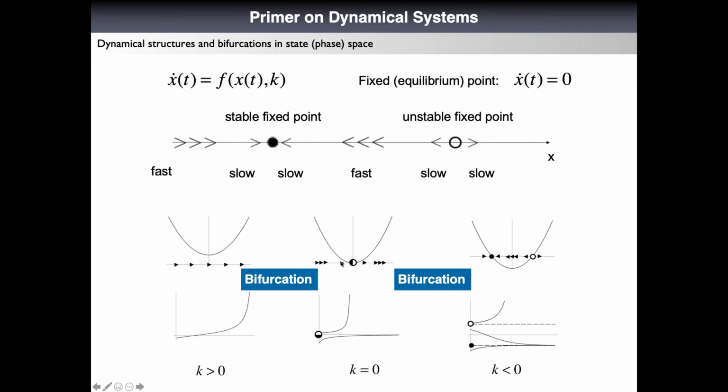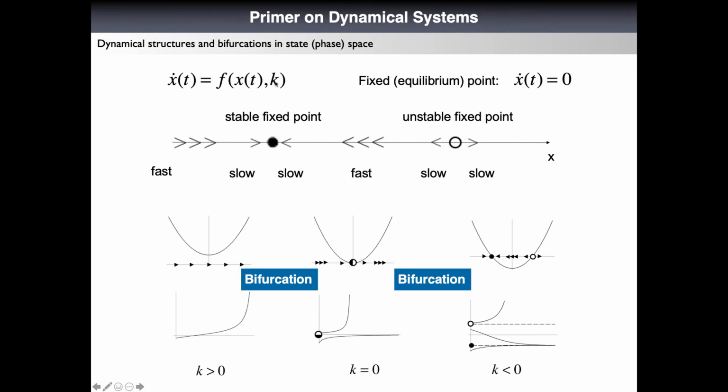If a small perturbation pushes us a little bit to the left, we're still going to go back to the equilibrium point. But if a small perturbation gets us to increasing x values, then we're going to leave and progressively speed up and go again far to infinity. You can see this also in time here: this is the way we approach, and this is the way we leave the saddle.